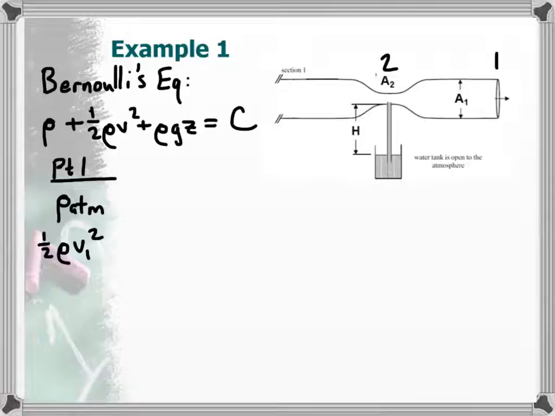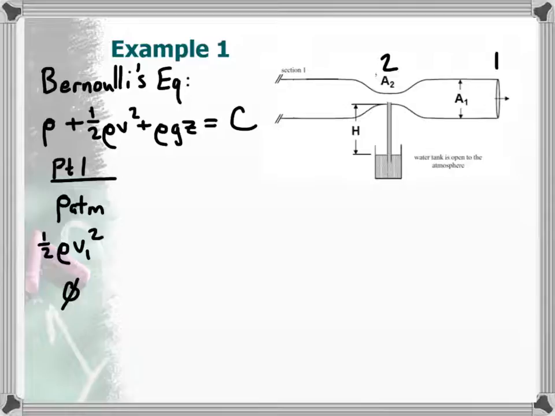And then the velocity of the fluid is, we're going to call it V1. I think it said assume that the velocity is V1, so that takes care of the kinetic energy of the fluid. We are not changing height, so we don't really need to worry about this term. So we can kind of ignore that term. We can call it 0.